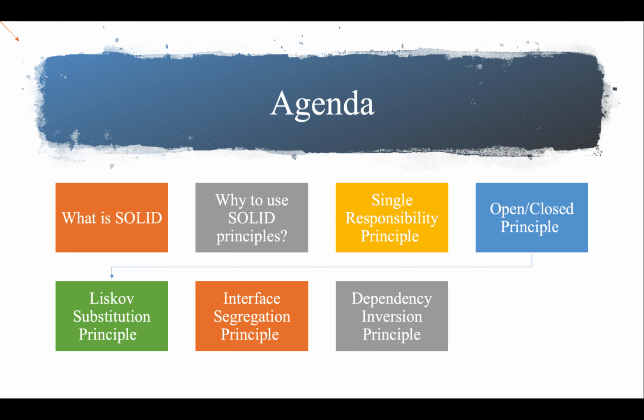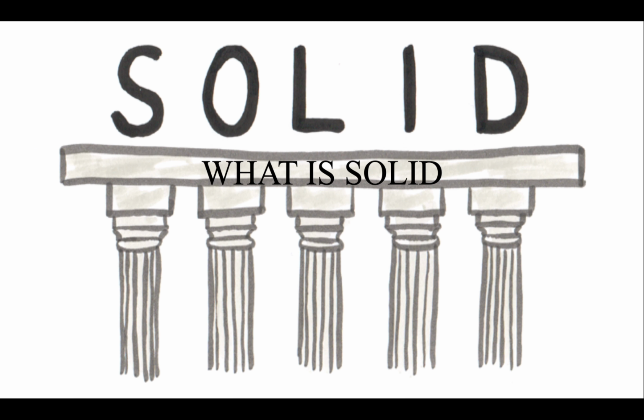So let's get started. The first thing we are going to see is what is meant by SOLID and what the acronym stands for. As we know, solid means a foundation of a structure, and if we relate it to the software world, it will be the foundation of your applications, whether it is a desktop application, web application or mobile based application.